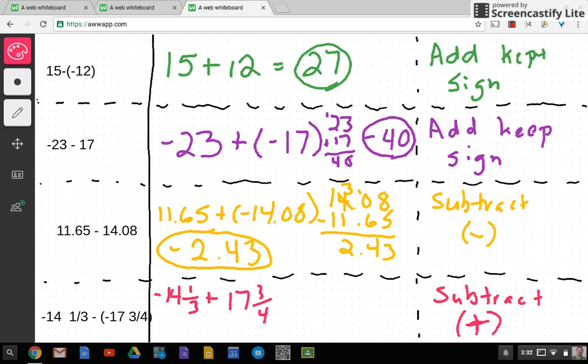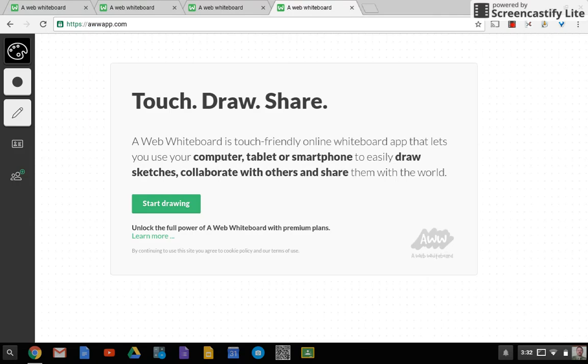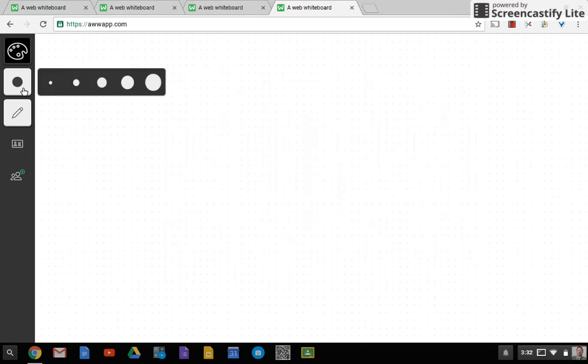Okay, so this one right here, if I change it to an improper fraction, would be negative 43/3 plus 71/4. Now I'm going to go to another screen here so that I have enough room to get this done for you, because otherwise I'm just plain running out of room.